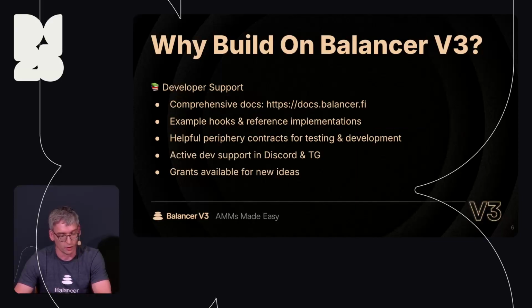We also have comprehensive documentation. We have a range of example hooks and reference implementations in the monorepo. We've got a bunch of helpful periphery contracts that you can leverage for testing and development. We have very active dev support in Discord and Telegram, and we also have grants available if you have new ideas. So basically, if you need help, you can reach out to us at any point and we'll be there to help.